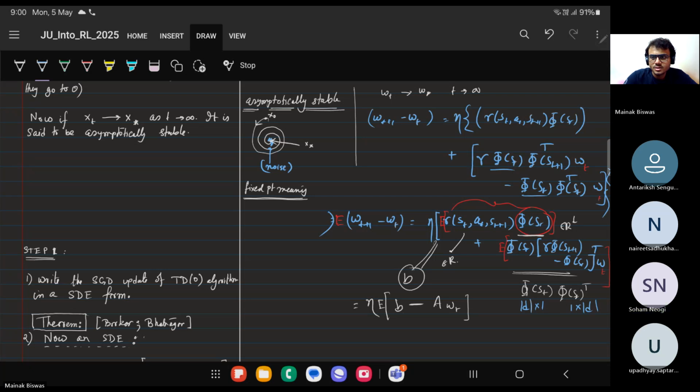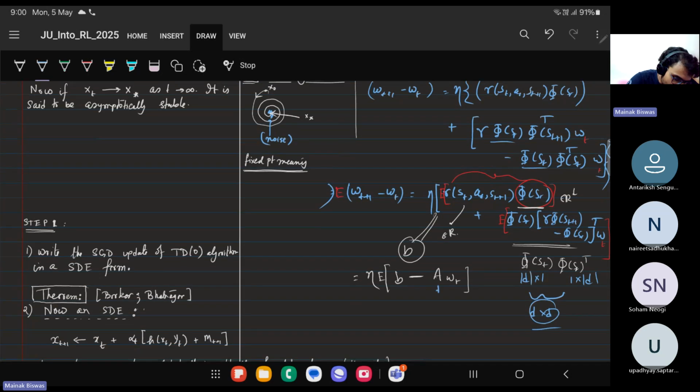So this is an outer product. So this becomes D cross D. Do you agree? It will become a matrix. So this would become a D cross D matrix. Very nice.